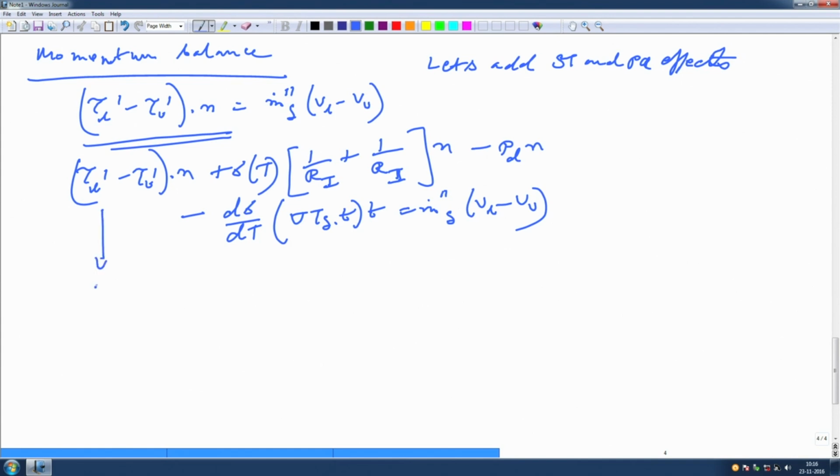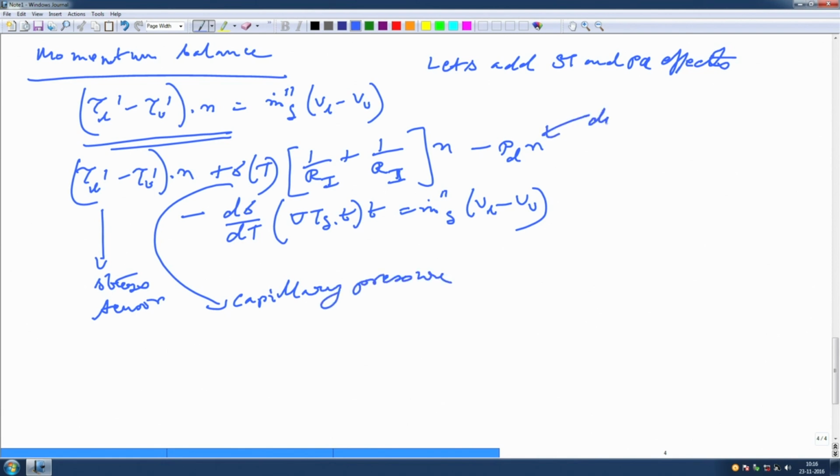This is basically nothing but the stress tensor, we all know this. This is basically the capillary pressure, which we covered. This is basically the disjoining pressure, which only happens for thin films, correct.